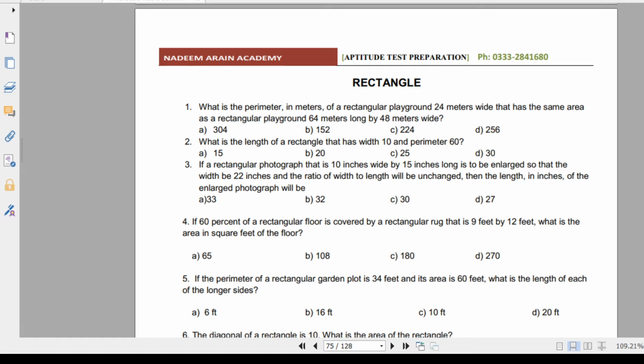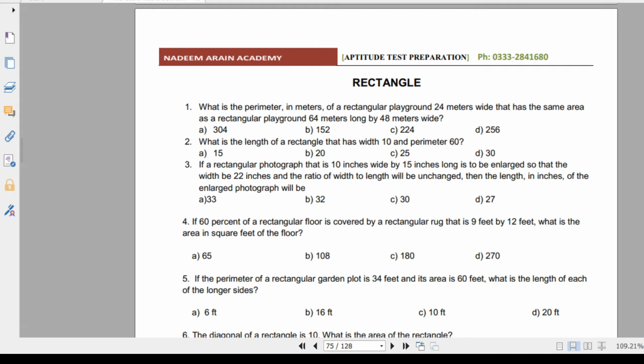Alright, question number 2 is an easy question. So question number 3 is, if a rectangular photograph that is 10 inches wide by 15 inches long is to be enlarged so that the width is 22 inches and the ratio of width to length is unchanged, then what is the length in inches of the enlarged photograph?